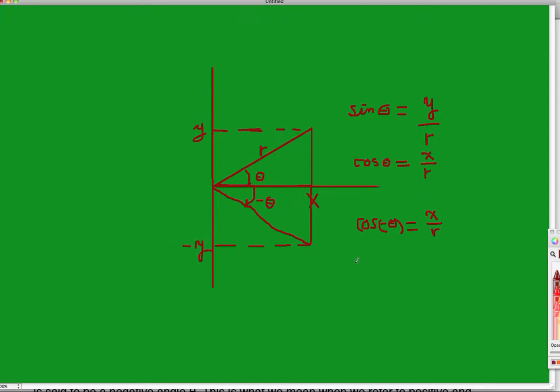So the sine of negative theta is equal to negative y divided by r. Another way of saying the same result is that the sine of negative theta is negative the sine of theta.